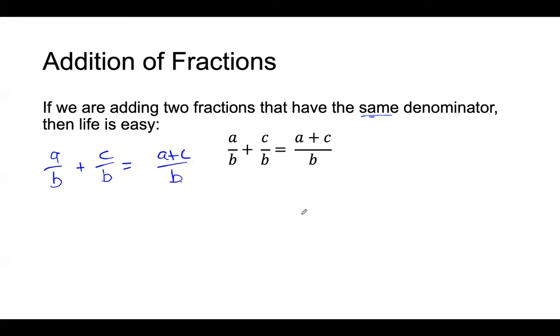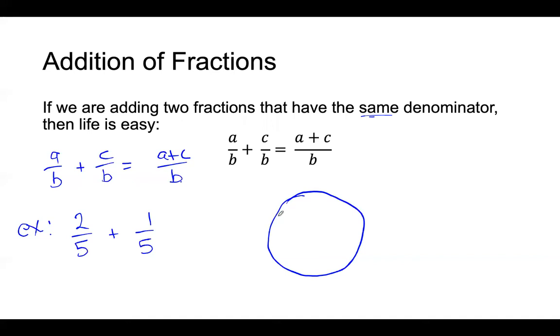Why do we see this? Let's look at an example. Suppose you have a pizza pie or a circle, what have you, and our example here is we're going to add 2 over 5 plus 1 over 5. Well, we can divide this circle into 5 parts. So 1, 2, 3, 4, 5. Suppose they're equal parts.